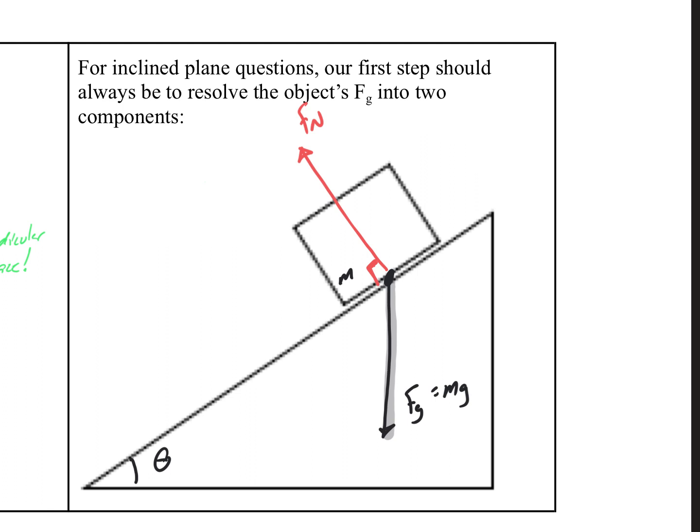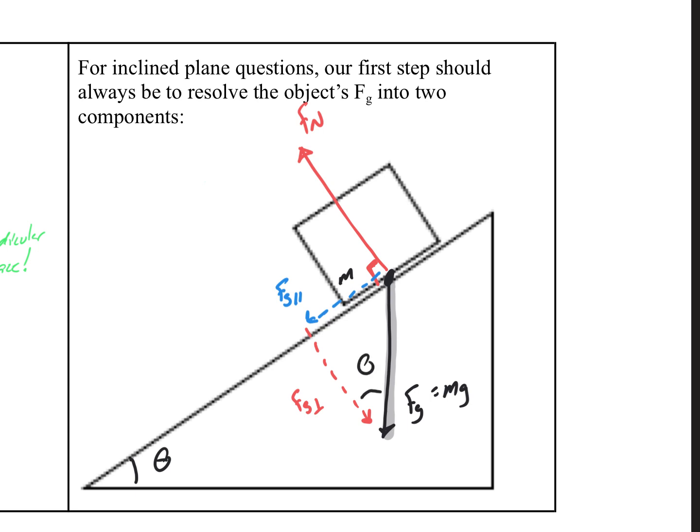We're going to say it's this part down here. We're going to call that FG parallel to the surface. And then we're going to go this way. And this is the FG perpendicular to the surface. So if we draw it this way all the time, it's going to be difficult to get confused there.